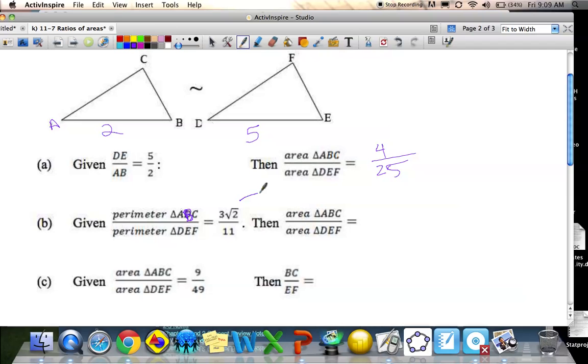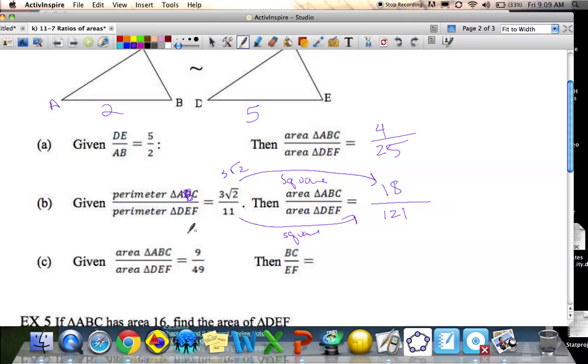So we want to square this to get the ratio of their areas. The denominator is easy. The square of 11 is 121. The numerator, 3 root 2 times another 3 root 2, is 9 times 2, which is 18.